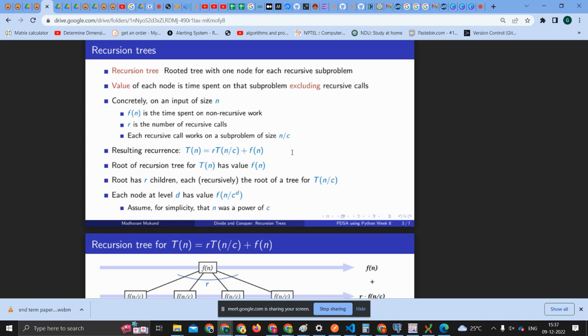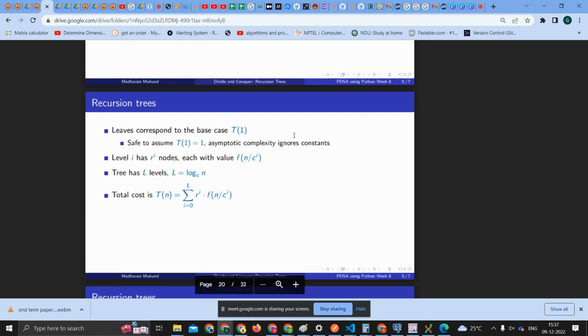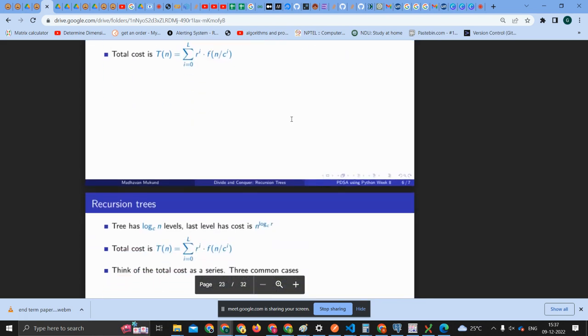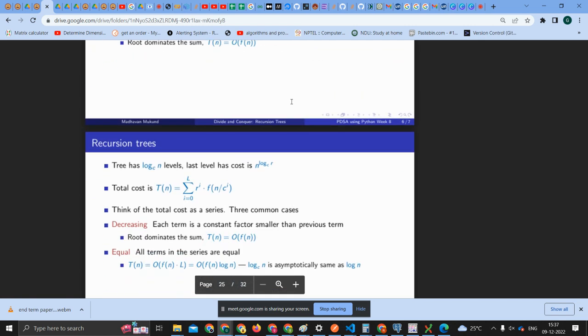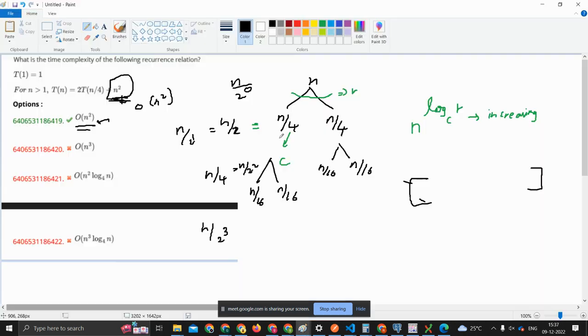Done. So now, I think Sachin is kind of new to this, right, Sachin? Yeah, I have no idea about recursion trees. You don't need to have an idea, but you will. See, you can clearly understand that it is a decreasing function, correct? The total is decreasing at every step.